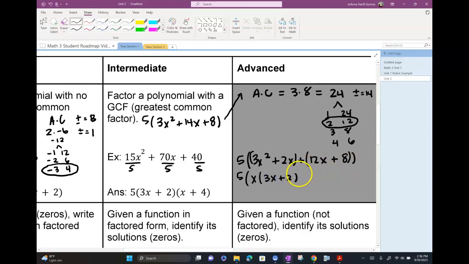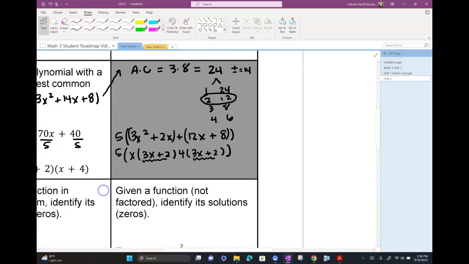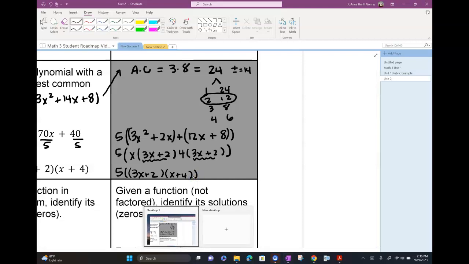And then here they have a 4 in common, so 3x plus 2. Your goal is to match that other factor, so these always should be the same when you're doing that factor by grouping.